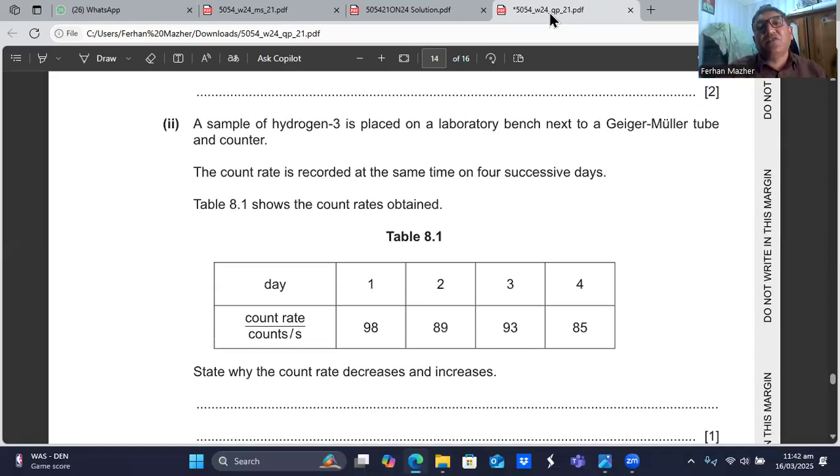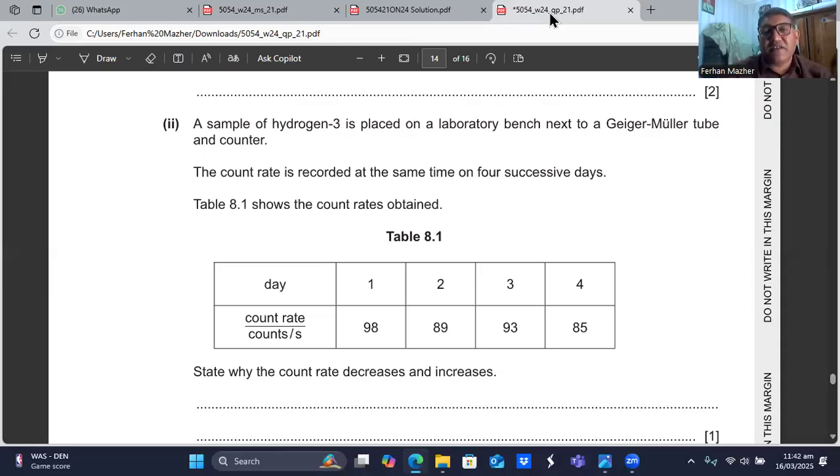A sample of hydrogen-3 is placed on a laboratory bench next to a Geiger-Müller tube, GM tube, and the count rate is recorded at the same time on 4 successive days. Table 8.3 shows the count rates obtained. On the first day it's 98, on the second day it's 89, on the third day it's 93, and on the fourth day it is 85.